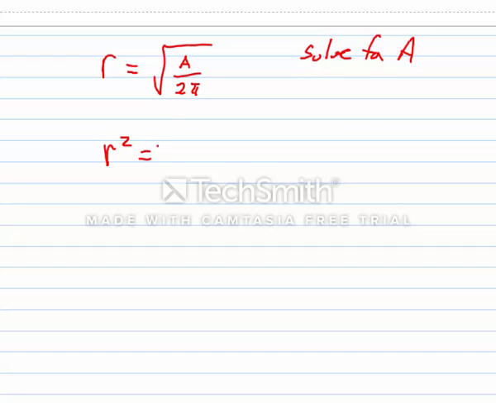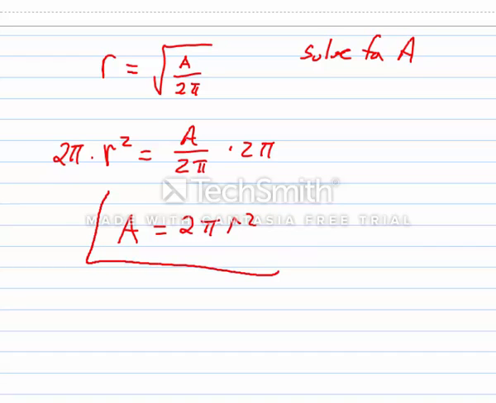So we get r squared is equal to a over 2 pi. Now we multiply both sides by 2 pi. And these cancel. And we get a is equal to 2 pi r squared. And there we go.